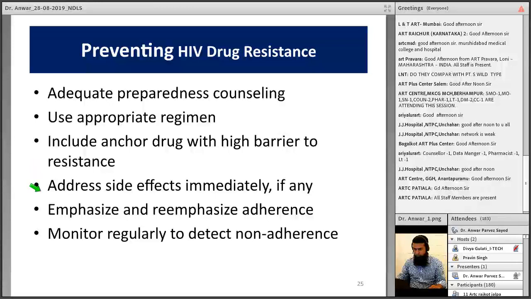Then if there are any side effects, suppose you start the patient on TLE as a first line and the patient is complaining of giddiness or something, that has to be addressed, which doesn't mean that you need to treat each and every side effect.